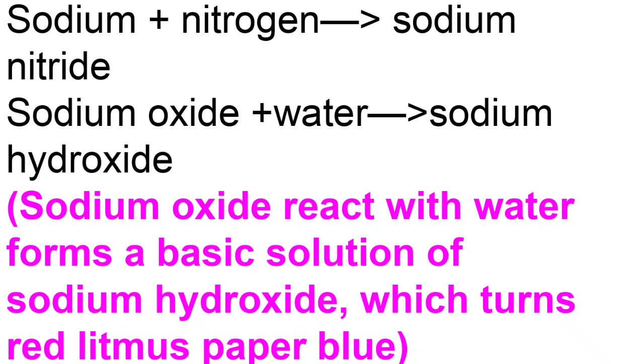Sodium is also a reactive metal which burns in nitrogen to form sodium nitride. Sodium oxide plus water is sodium hydroxide. We need to note that sodium oxide reacts with water to form a basic solution of sodium hydroxide, which turns red litmus paper to blue.